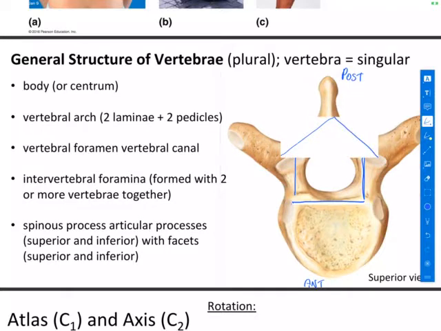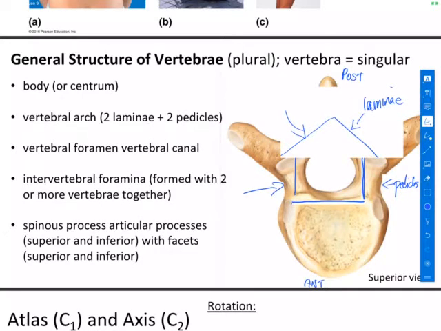And the roof actually would be a lamina. This would be one lamina, and this would be the other lamina, and together, if we wanted to say plural, we would say laminae. So there are two lamina. Now there are also pedicles. The walls of the house are called pedicles, and there's one on each side.